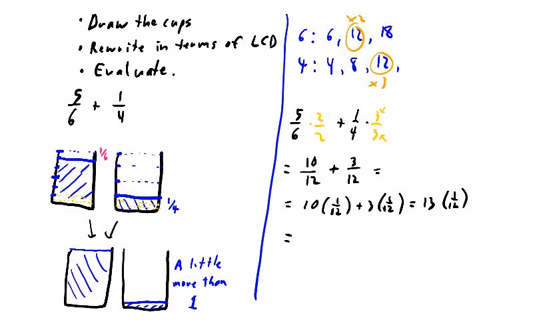Mathematicians usually would skip that line and write it as 10/12 plus 3/12 equals 13/12. If we write that as a mixed number, it's 1 and 1/12, or you could think of that as 1 plus 1/12. And you can see that's 1 and a little more. So we can be pretty convinced without doing any further work that that's probably the correct answer.